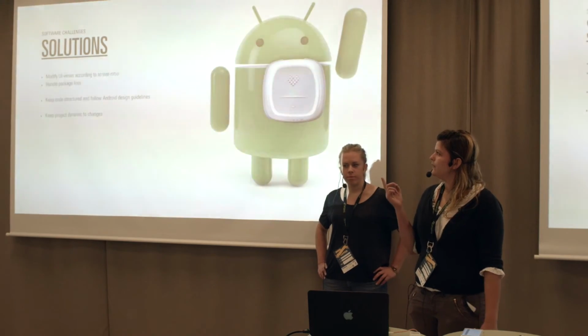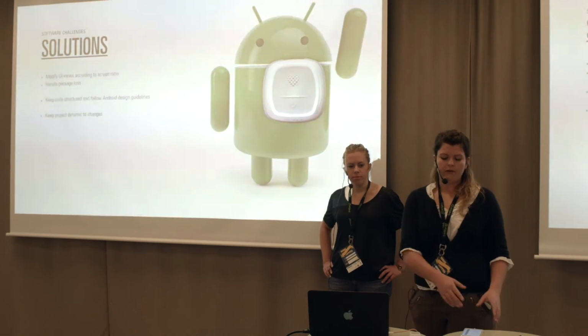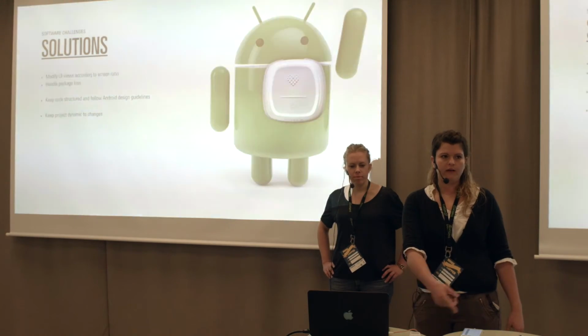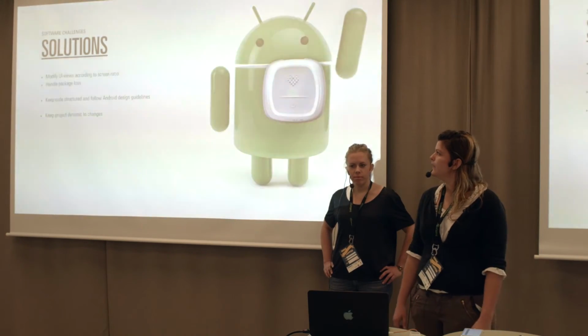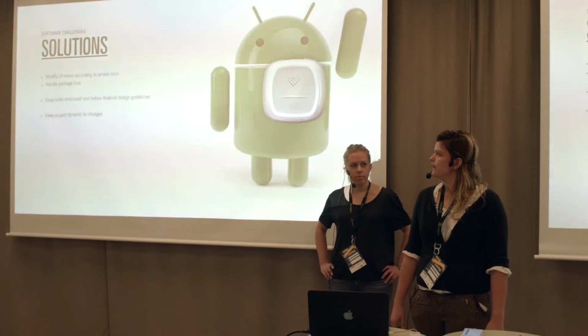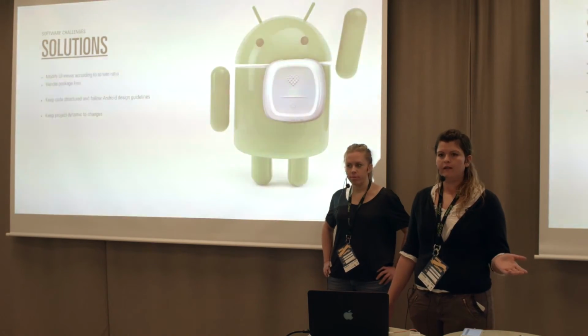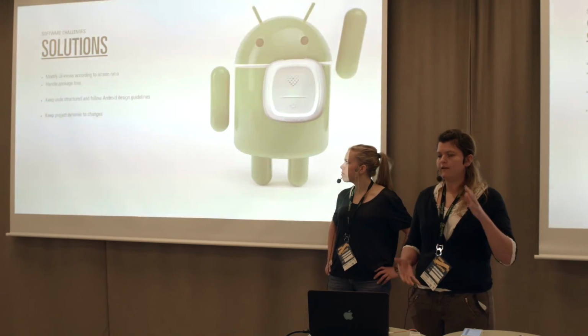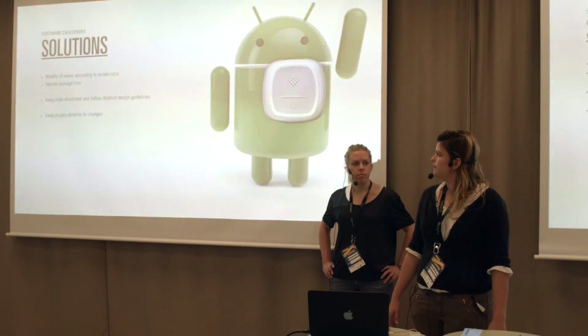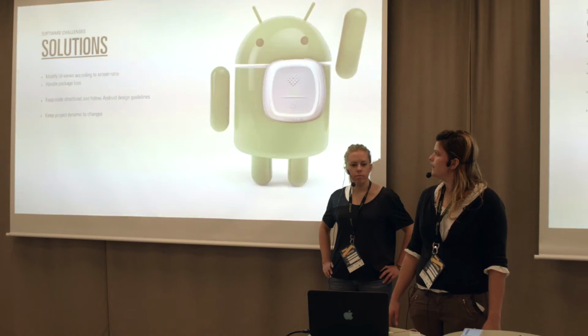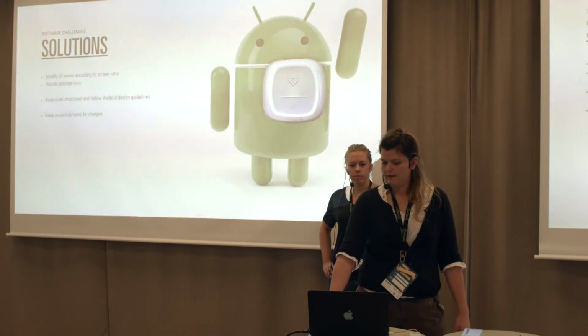Like I said, we need to handle the packet loss. If we lose data in this connection, we need to handle that. And as usual when you're programming for Android, you have to adapt the UIs according to the screen size. Yeah, and I think that's it.